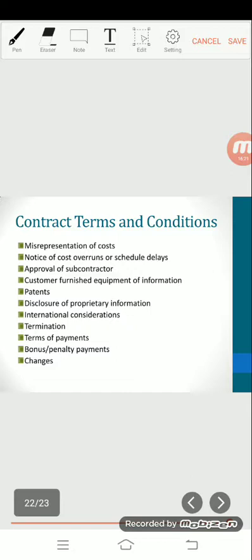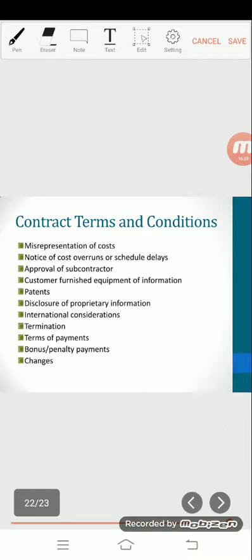Cover ownership of patents that may result from conducting the project. Number 6, disclosure of proprietary information. Prohibit one party from disclosing project confidential information, technologies, or processes.